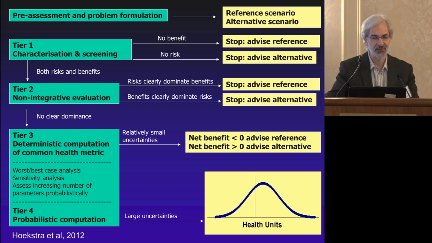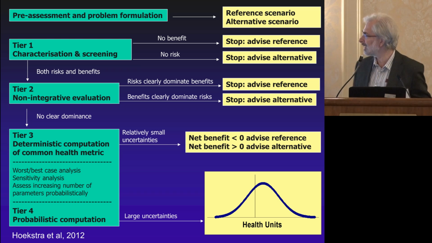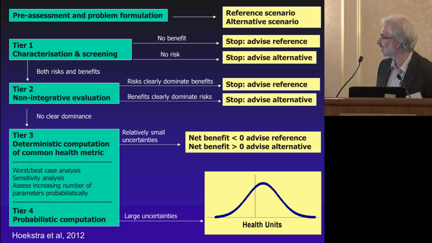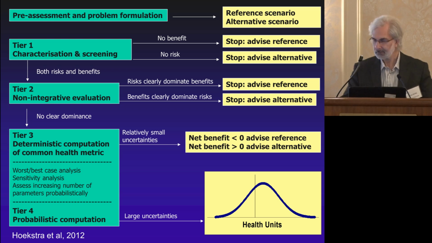And we came to the conclusion that it was necessary to use a tiered approach. And I won't go into this in detail. It's all in the papers that we've published on this. The methodology was published in 2012, but there are other papers using case studies as to how this would be implemented. But at the higher tiers, you see we get to the point of using so-called common health metrics, QALYs or DALYs.